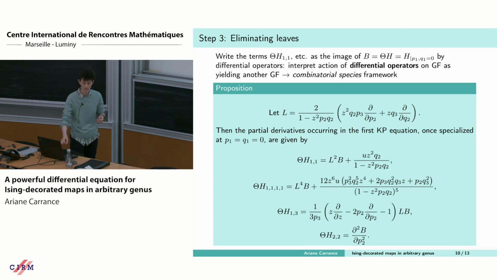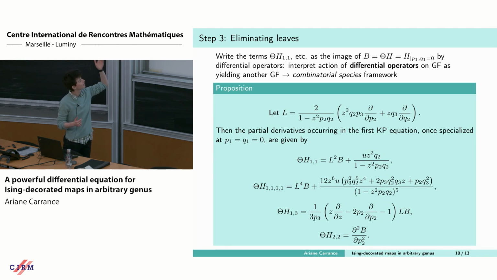So this means that this generating function enumerates maps that are bipartite with degrees 1, 2, and 3, and that only have 2 vertices of degree 1, because differentiating once with respect to some variable means that you decrease the power of the associated variable.